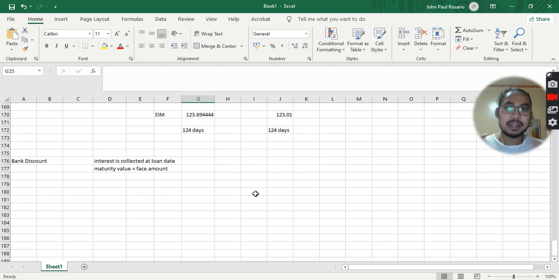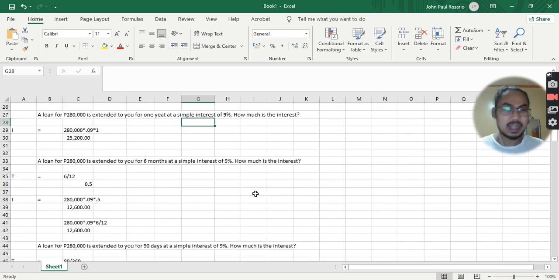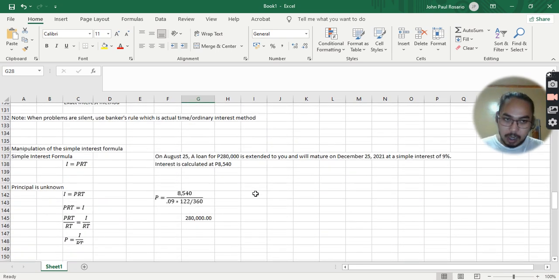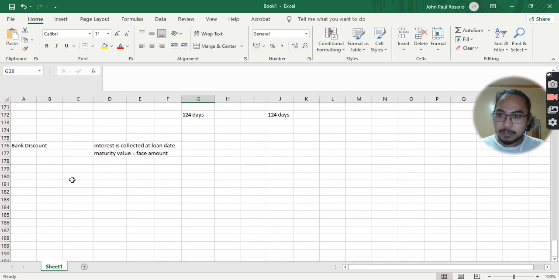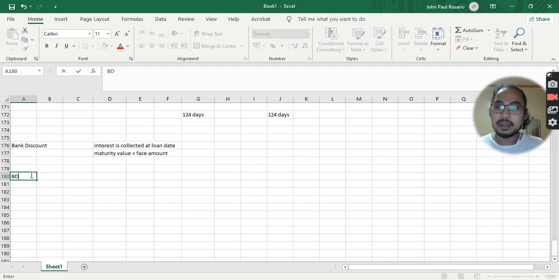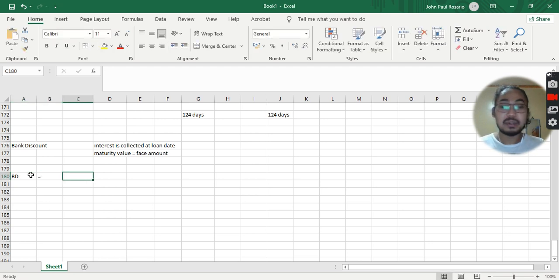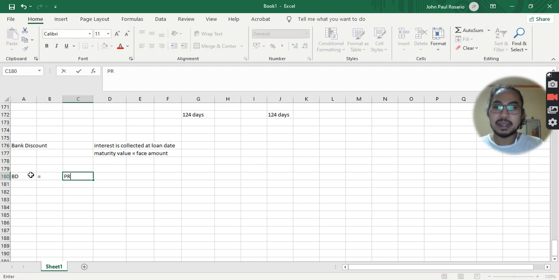What we call it is bank discount or discount. So, the formula for bank discount is actually similar to simple interest. It's still principal times rate times time.